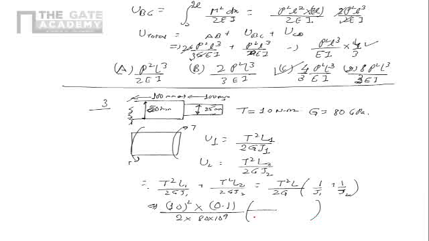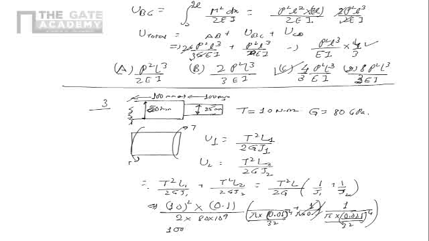So this becomes 1 upon pi into 0.05 to the power 4 by 32, since 50 millimeter in meter is 0.05, plus 1 upon pi into 0.025, because its diameter is 25, to the power 4 by 32.